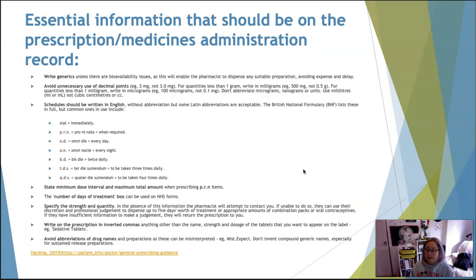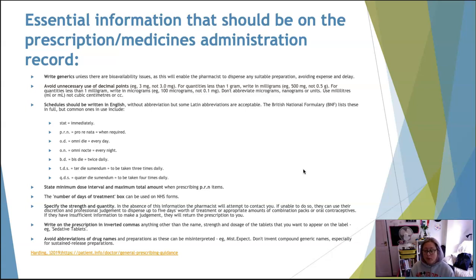We should be writing on the prescription in inverted commas anything other than the name, strength or the dosage. So if there's something that we really need to key on the particular prescription chart, we should be making sure it's in those inverted commas if it is appropriate to have on. And we should be avoiding abbreviations of drug names because, again, these can be misinterpreted.